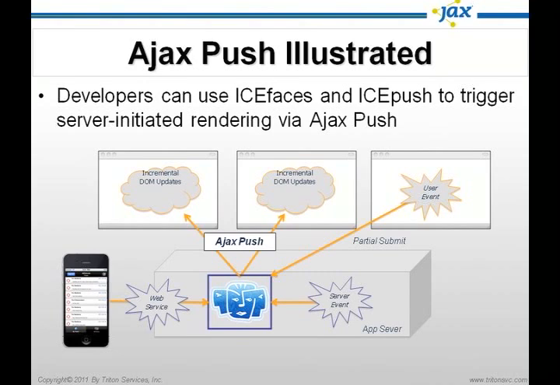So I'd like to keep your eyes here at the bottom. We have ICEfaces here running in a little app server, and maybe we have a web service that's deployed there at our application server. Maybe we have a phone that's going to consume the web service. Maybe we have someone who's hanging out in a web browser and they click on something and that triggers some type of event.